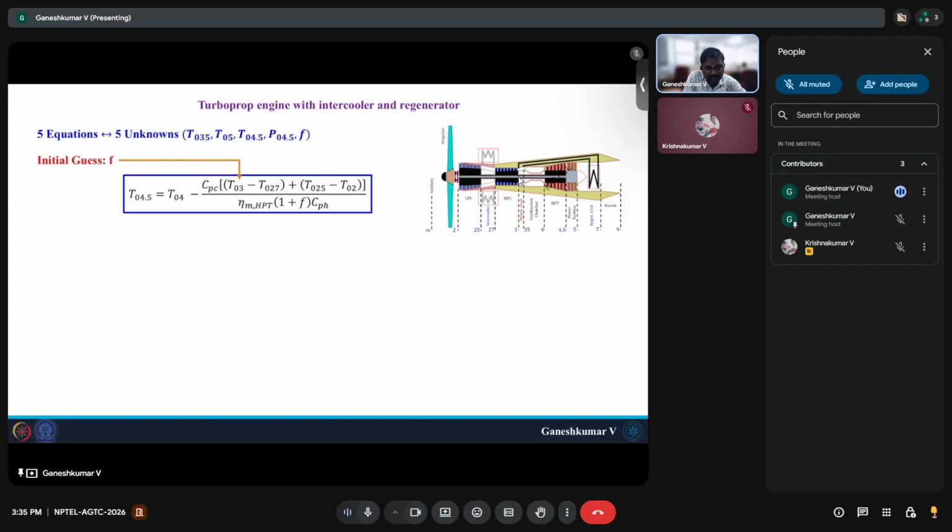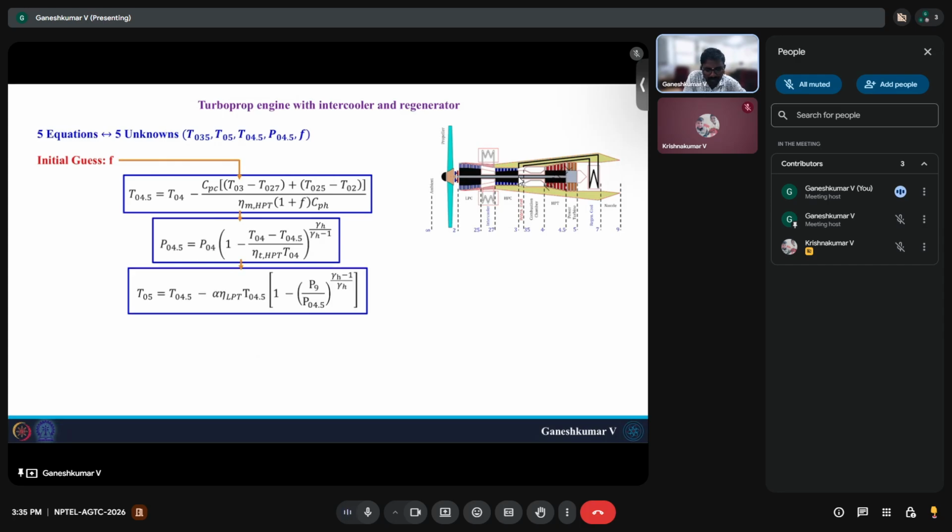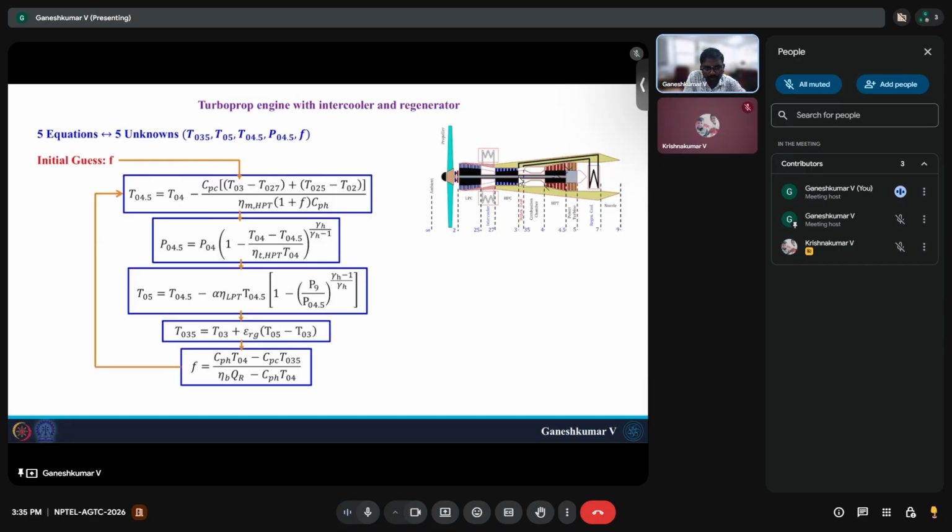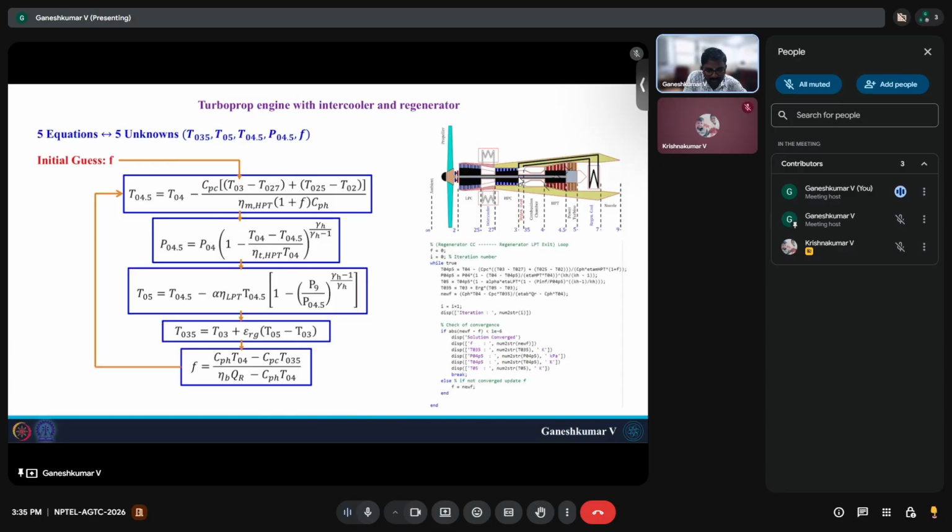You initially guess an f, and using that f you find T04.5, then you find P04.5, then you find T05, then T035, and then finally f. If the f is the same as the initial guess, then you need not go again. If f is different, then you substitute it back into the first equation, T04.5, and repeat this process.